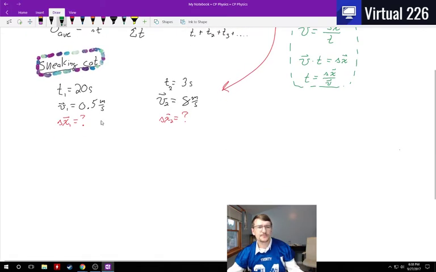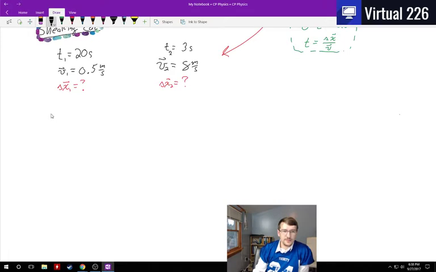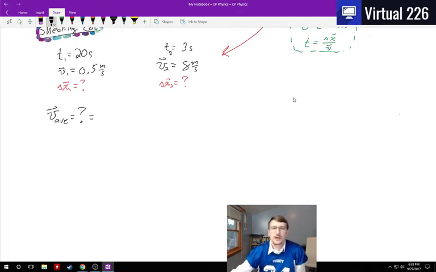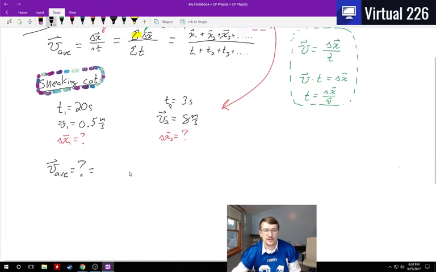So what we need to do is, if we're looking for the average velocity of this cat, that's what we're trying to find, then we need, because we have 2 setups here, if we're looking at the sum of all the displacements divided by the sum of all of the times, well, I need to find these displacements first, okay?